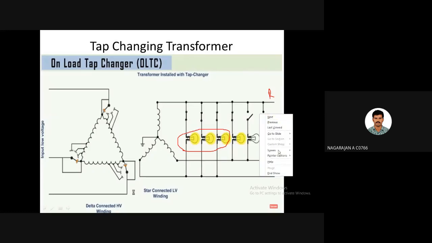But between R and Y, initially we were connecting 3 lamps, now it is only 1. So now an unbalanced voltage condition will occur, isn't it? Here it will be receiving one current value and here it will be receiving a different current value. Based on the load, the current will vary. That you know very well.